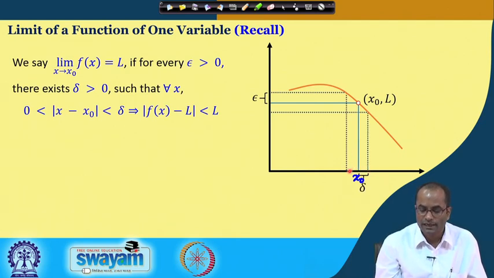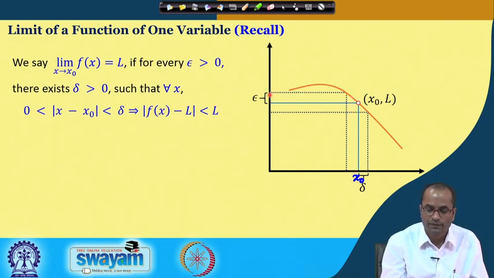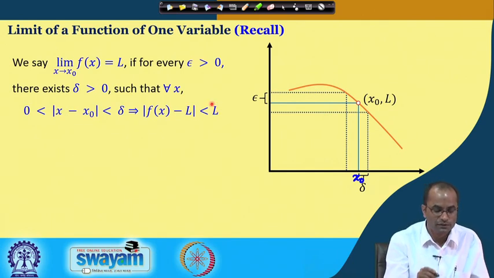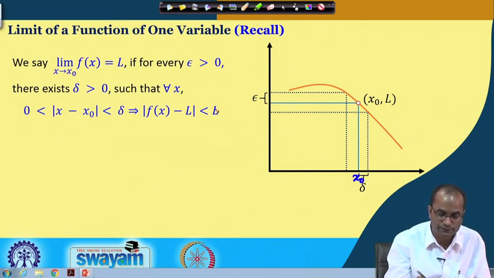And now, if we take any x in this neighborhood, so this is the delta, if we take any point in this neighborhood, the difference of the value of f(x) and L will be less than epsilon. Yeah, this is epsilon here, so let me just correct it.